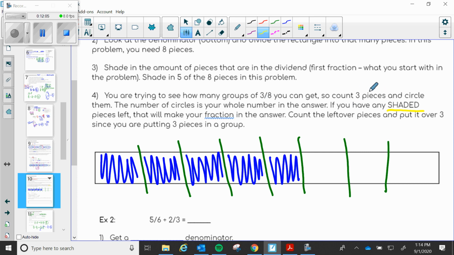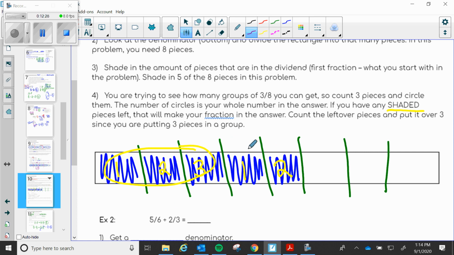So I'm going to count 3 pieces and circle. So 1, 2, 3, circling them, 1, 2, oh, I've got some left over. So to get the answer, it is how many circles that I have. That's my whole number.